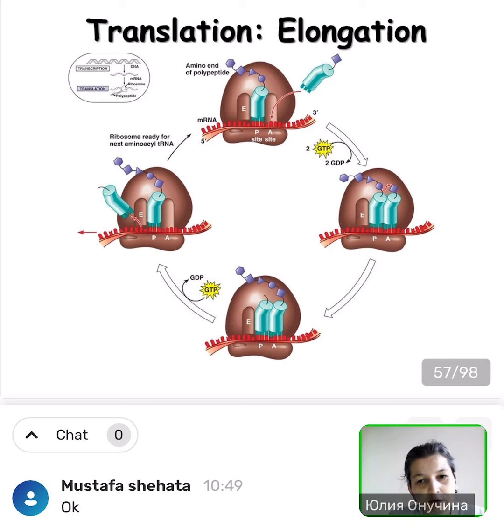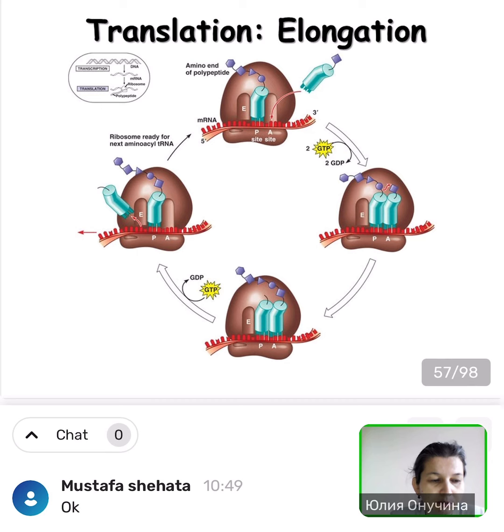This is difficult to show during lecture, we need to discuss. So, in the right side, you see connection of two amino acids. After that, all amino acids we see in A center. P center is empty in the left.